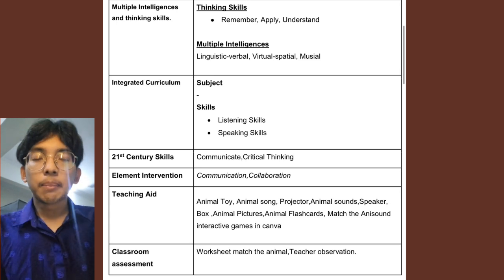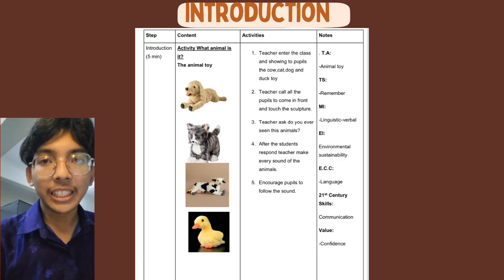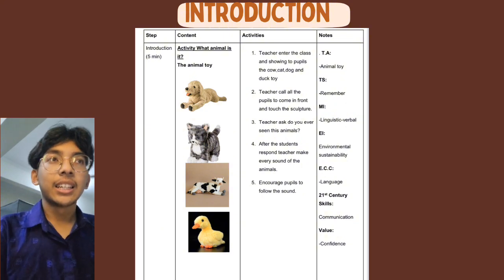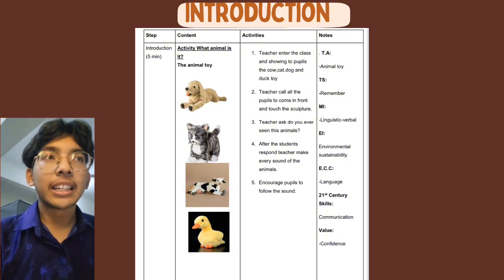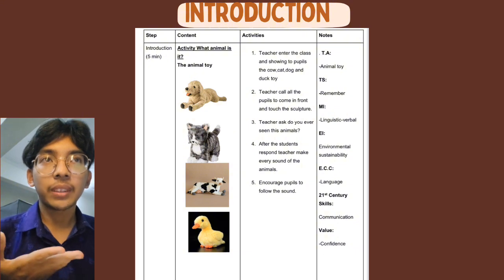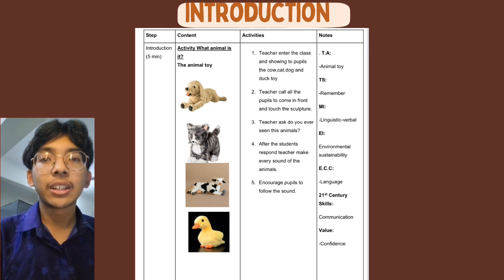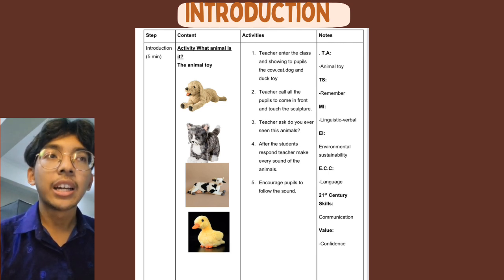For the introduction part, it's just 5 minutes. We will do the activity, what animal is it. So the teacher will enter the class and show the pupils a cow, cat, dog and duck toy. As you can see in the content, that's an example of the toy. After that, the teacher calls all the pupils to come to the front and touch the toy.